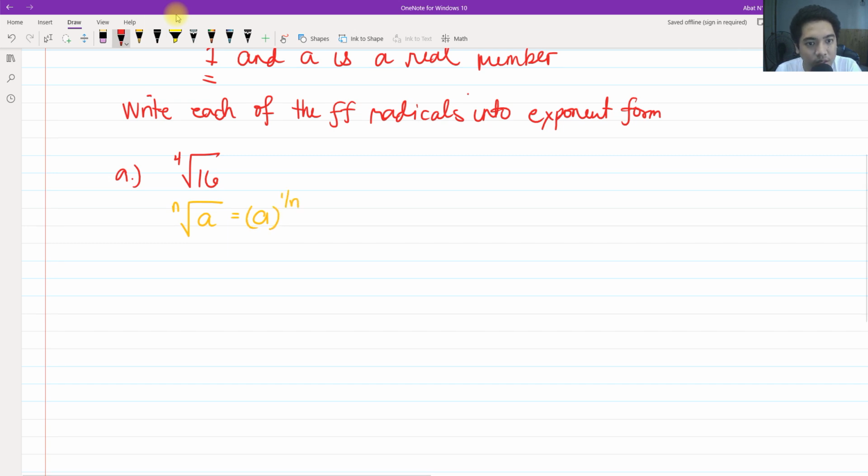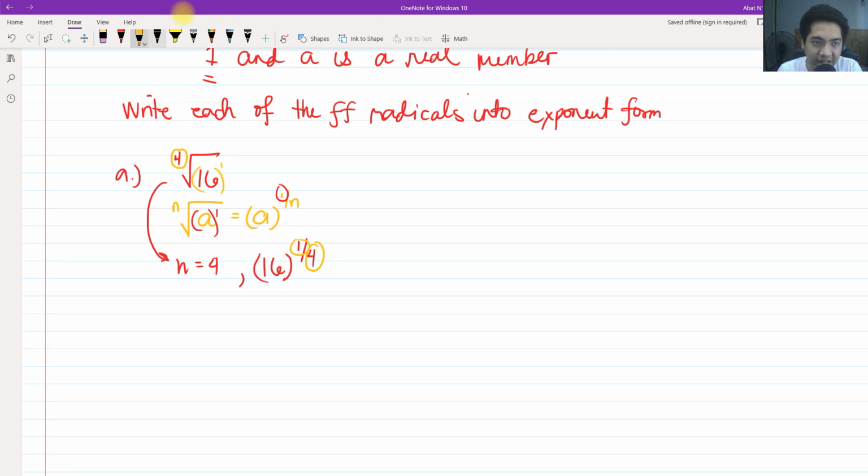This 1 is the exponent of whatever is inside the radical. So if we convert the fourth root of 16 into exponent form, our n is 4 and the exponent of 16 is of course 1. So we have 16 raised to 1/4, of which 4 is our index and 1 is the exponent of whatever is inside the radical.